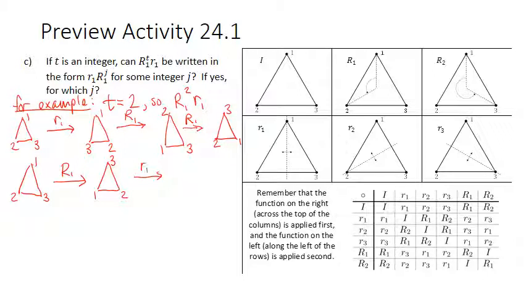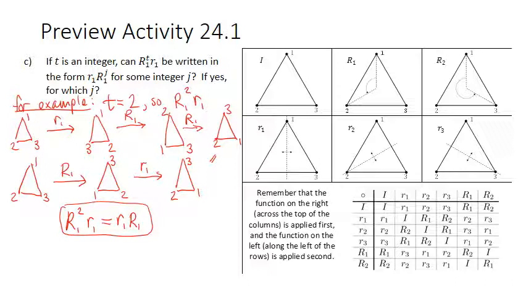So this will be little r1, and this will be 3, 2, 1, which is what I wanted. That's the same result. So what we found here is that big R1 squared little r1 is the same as, sorry, I'm getting my first and last application mixed up. First we did that one and then we did that one. Okay, so these two are the same.